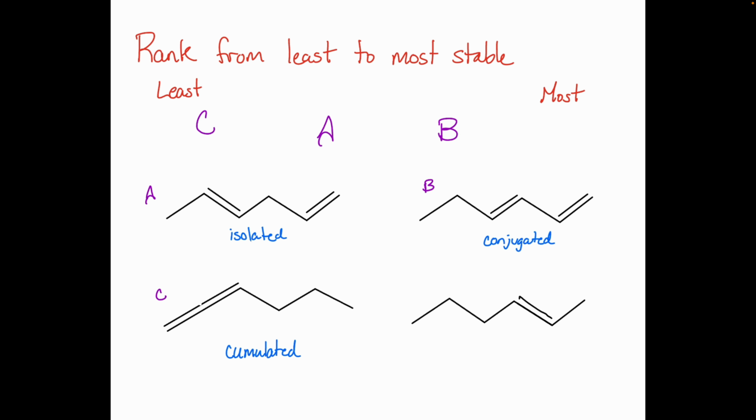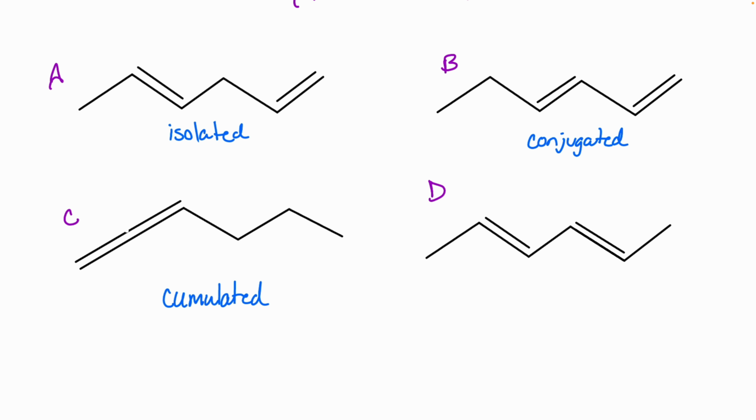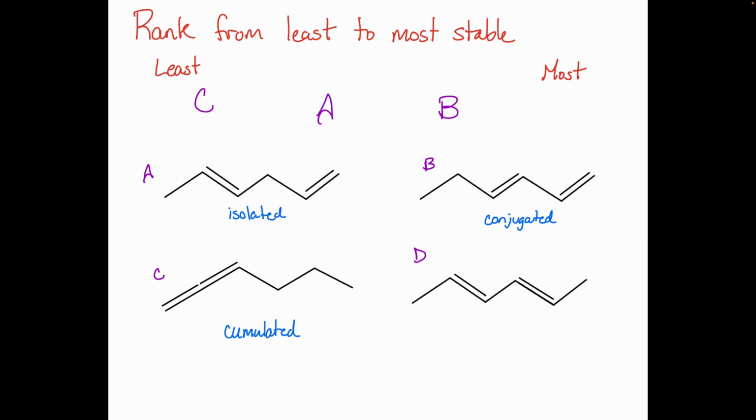We're going to call this one D. All right. Again, step one, classification. What is the classification of this new one? It is another conjugated diene.